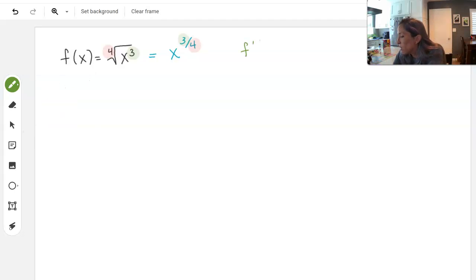And if we wanted to do our derivative, we're going to bring that 3/4 down and then get really good at subtracting 1 from fractions, to find that this is equal to 3/4 and then x to the negative 1/4.